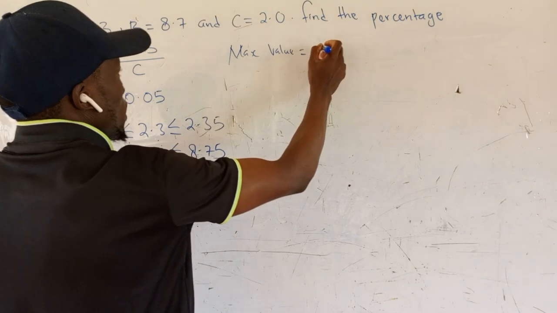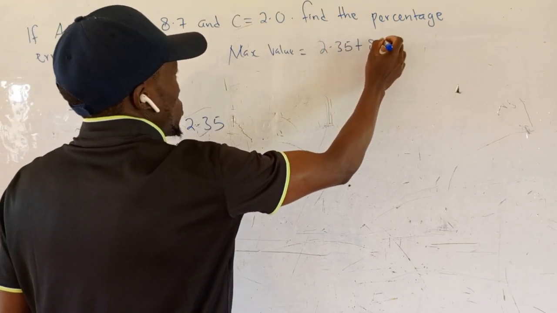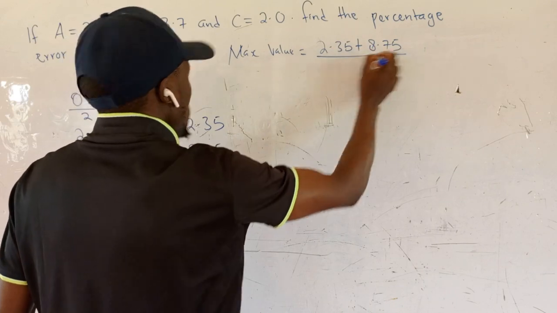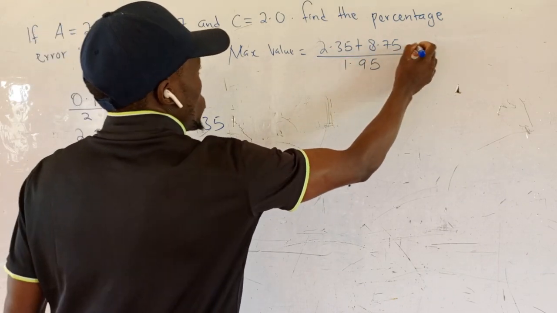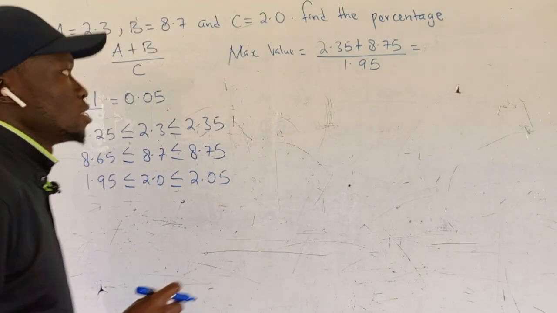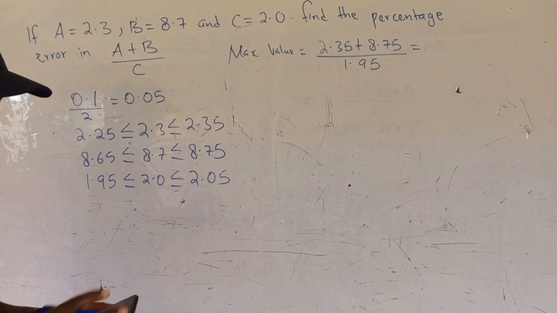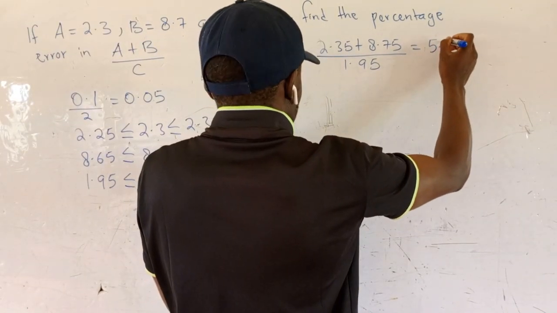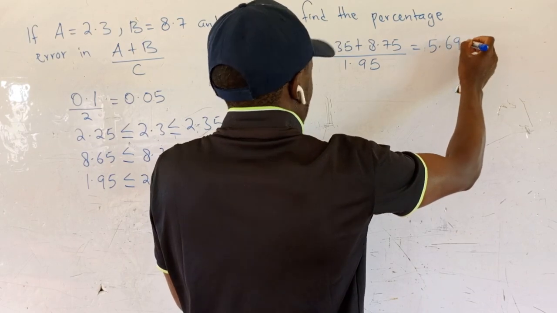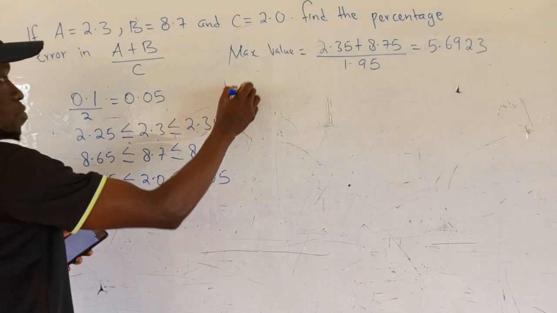You take 2.35 plus 8.75. Then we divide by 1.95. If you do that, you're going to get the maximum value of A plus B divided by C, which is 5.6923.